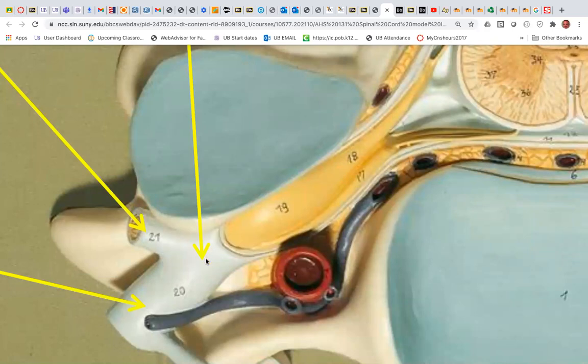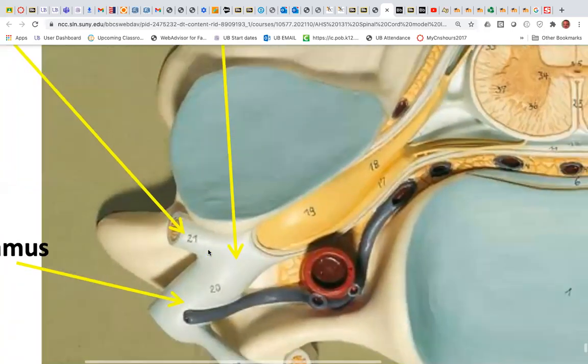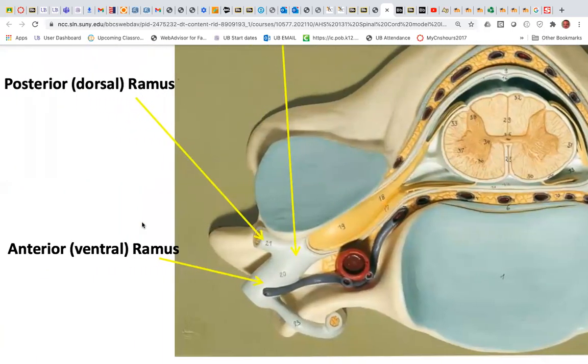So this is the spinal nerve. The spinal nerve then divides into two branches. Again, everything on this side is dorsal, right? Dorsal rootlets, dorsal root ganglia, and there is a dorsal ramus.